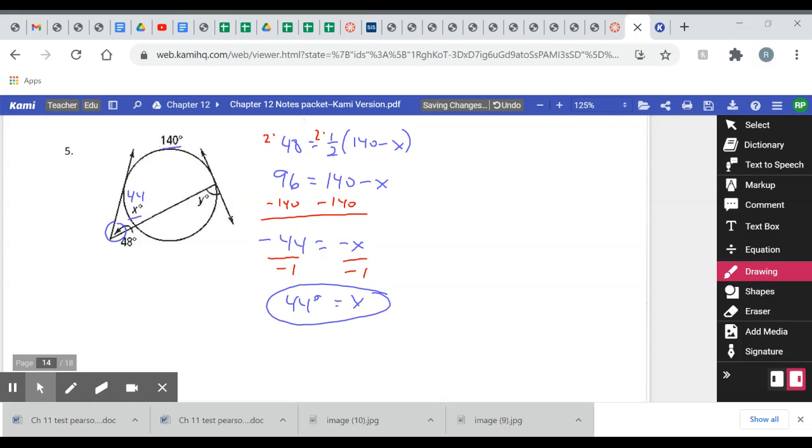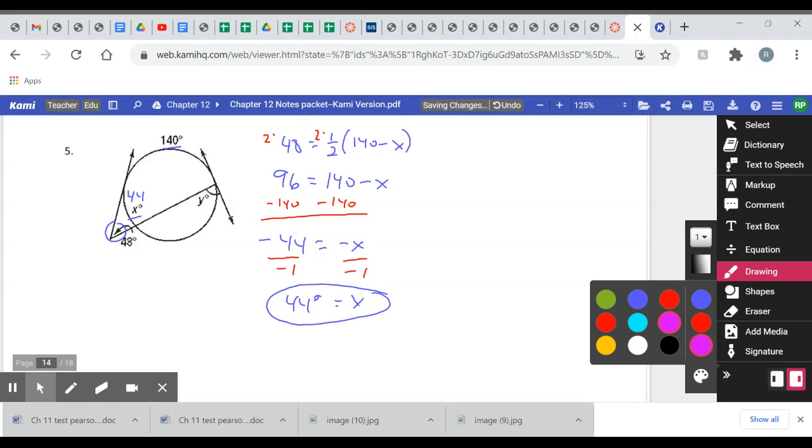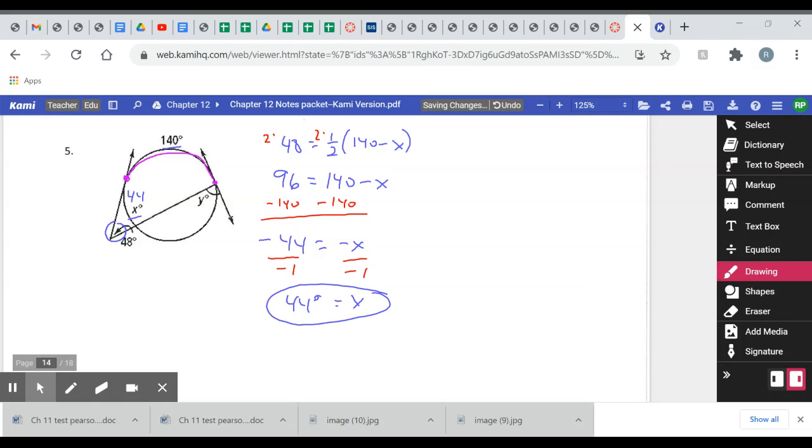If you think about how many degrees are all the way around the circle, hopefully you're thinking 360. And if you look here, I can see that 140 basically goes from here to here. And I can see that from here to here is the 44 that I just found. So now I need to figure out how many degrees it is basically from here to here. That's not going to give me y yet, but that's getting closer.